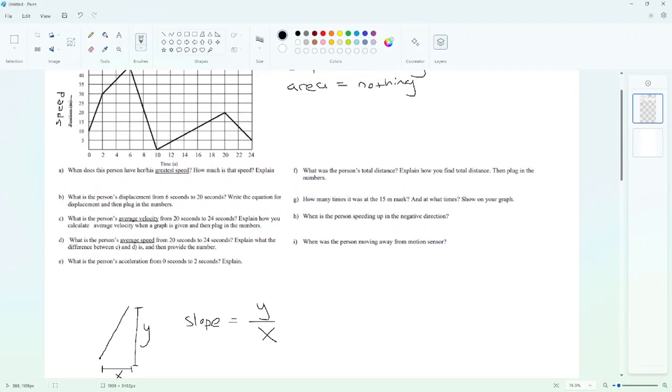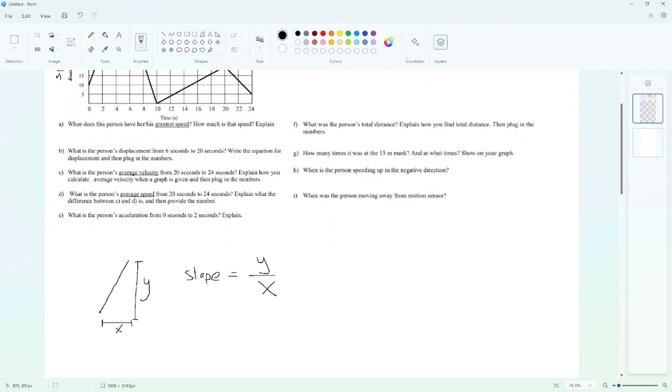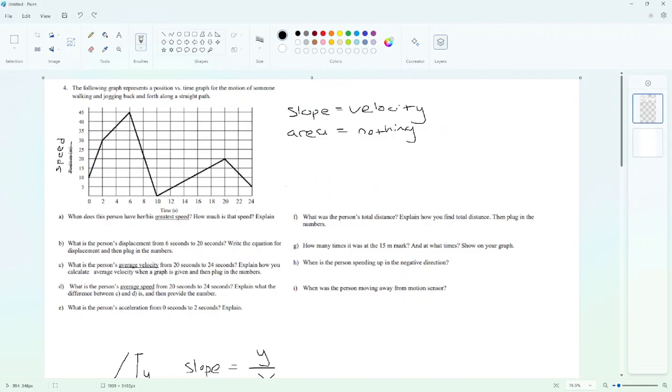Change in y per change in x. So in other words, the greatest change in position over a change in time. The higher this change in position is, the higher the slope is. And since the slope is velocity, the higher the speed is. Well, the higher the velocity is as well.